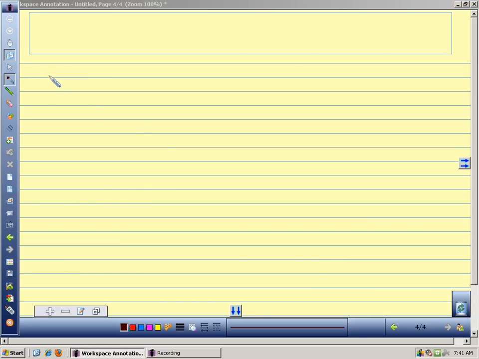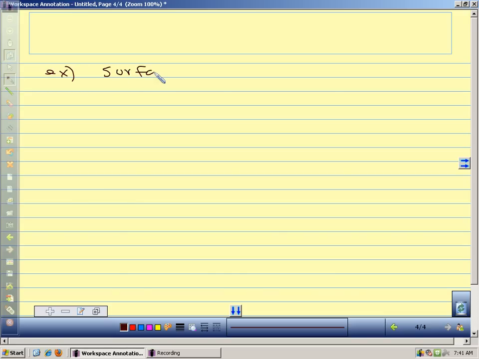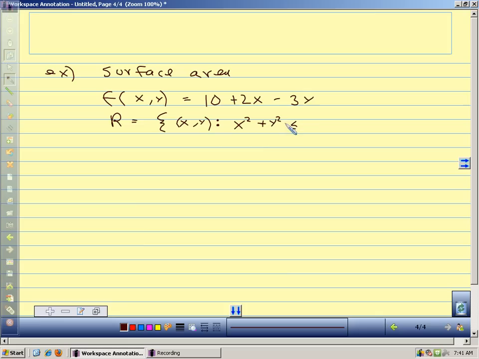For our first example, we want to find the surface area of our surface f of x, y equals 10 plus 2x minus 3y, and our region is the set of (x, y) such that x squared plus y squared is less than or equal to 9.